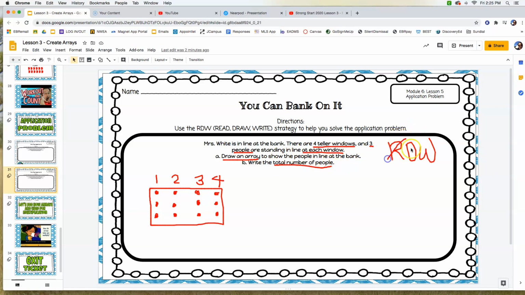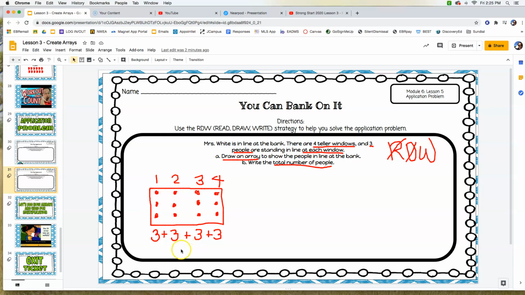So we've done the R and the D, but I need to have my math model, cross off my D, and now we're on write. When we write, we write both a number sentence and a word sentence that answers the question. So my number sentence is going to be a repeated addition number sentence. I have 3 plus 3 plus 3 plus 3.